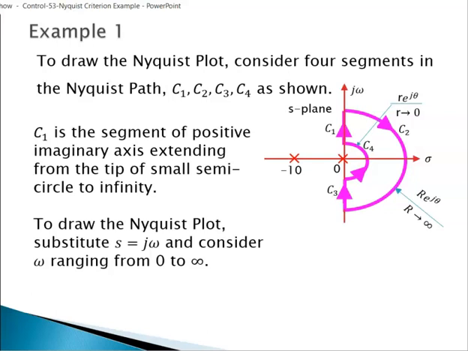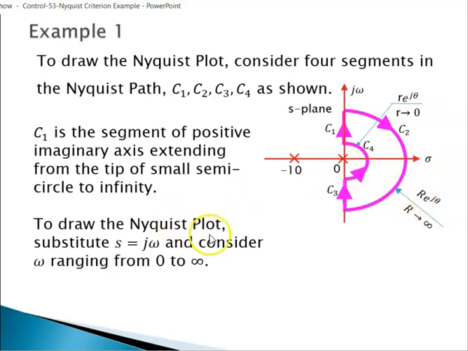So when you plot F(s), the plot corresponding to C1 is the mirror image of the plot corresponding to C3, and so on. We'll begin with this segment C1. C1 is the segment of the positive imaginary axis extending from the tip of the small semicircle all the way up to infinity, because this big circle's radius tends to infinity.